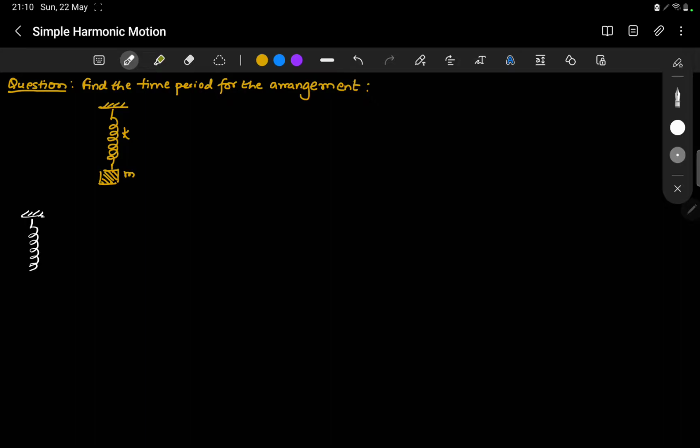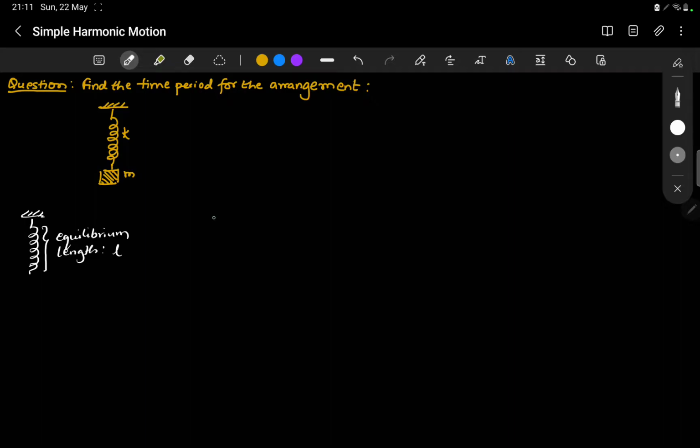In this situation, the equilibrium length of the spring is going to be L, where L is the length of the spring hanging vertically. Now notice that in this case we are considering massless springs, so the spring does not have a mass of its own. So this is the equilibrium length, the length of the spring, and it is suspended vertically.